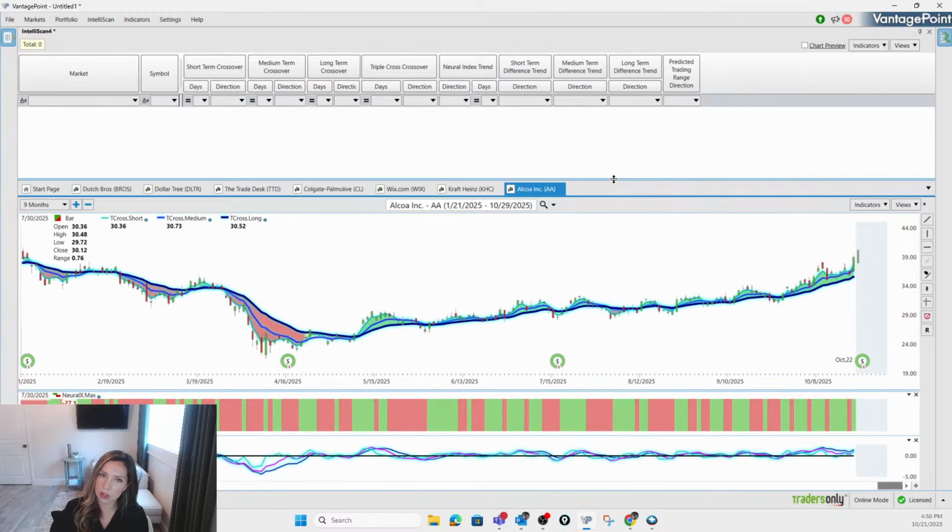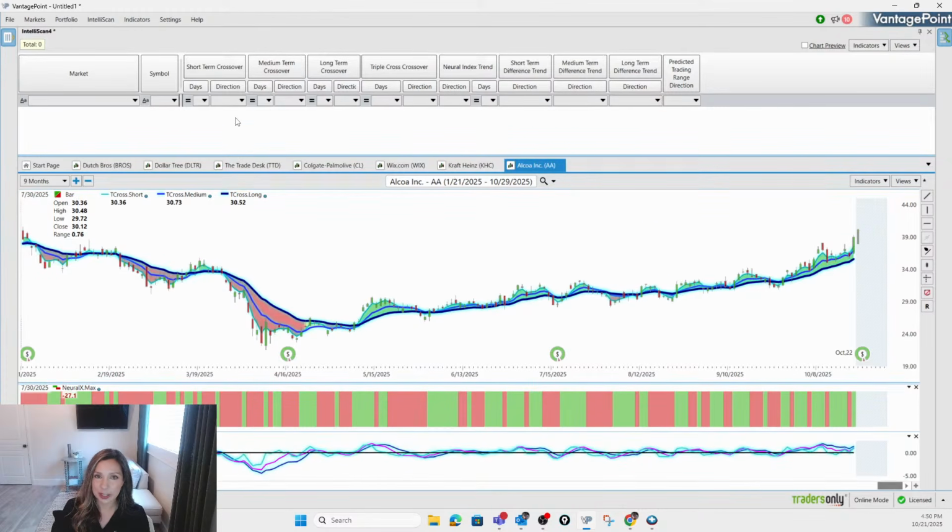Low confidence, or are you kind of right there in the middle where you use it, but you're not really sure what you're doing? Or do you have a lot of confidence in IntelliScan and you're building your own scans and finding opportunities, really using it to your max? Let me know in the chat, because we may just have to do a session on just finding different types of opportunities. So let me know so we know how to move forward on future sessions, kind of get a poll going on what you guys want to cover.